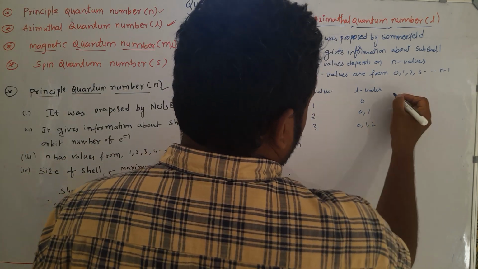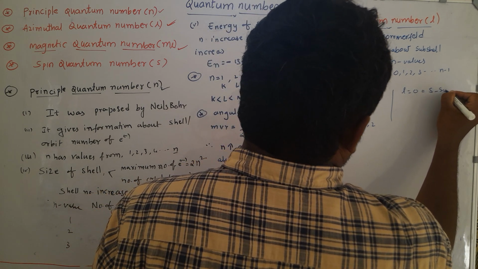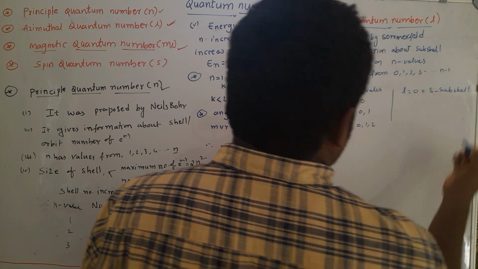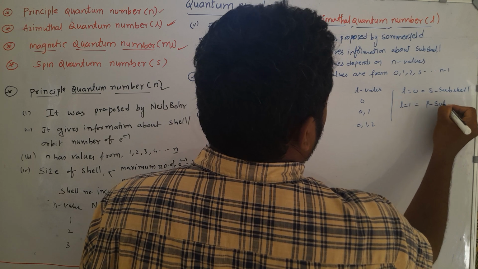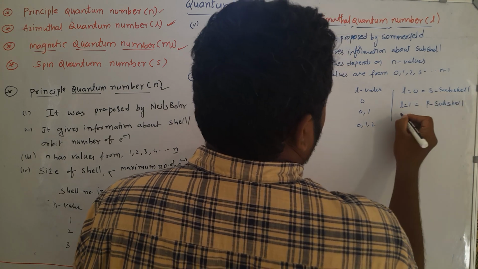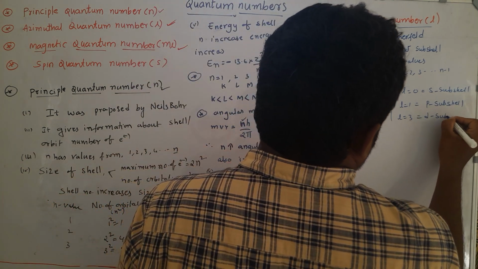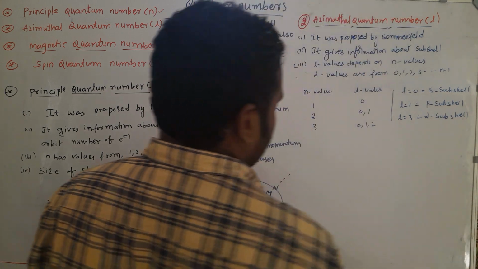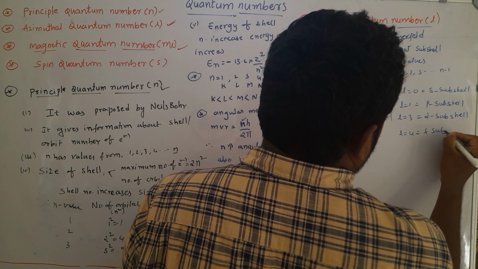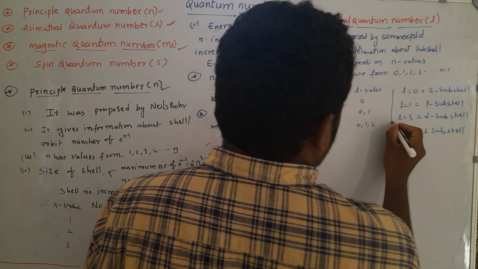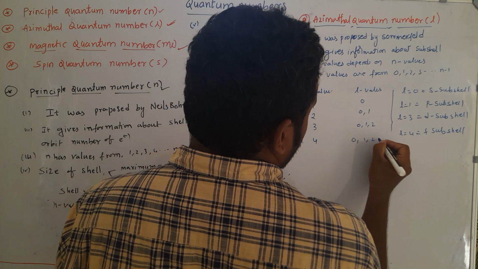L equal to 0 means S subshell, L equal to 1 means P subshell, L equal to 2 means D subshell, L equal to 3 means F subshell. So n equal to 4 means possible L values are 0, 1, 2, 3.